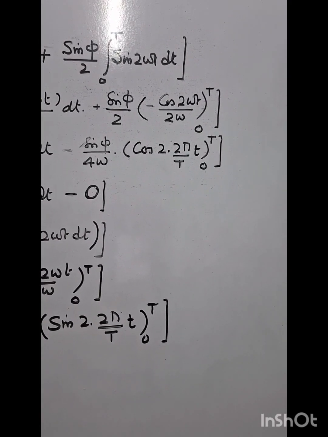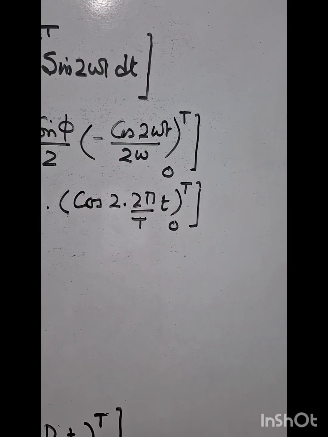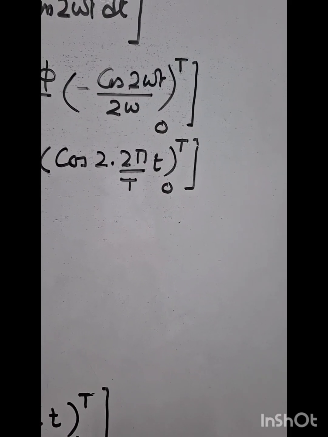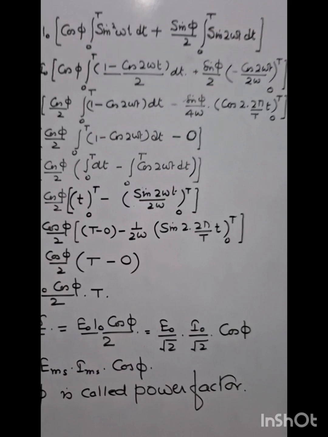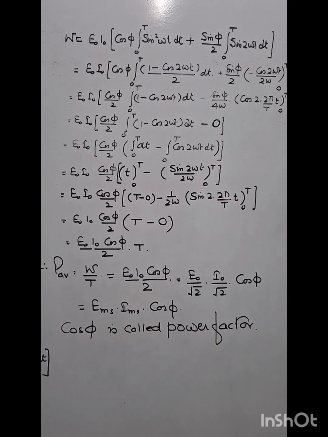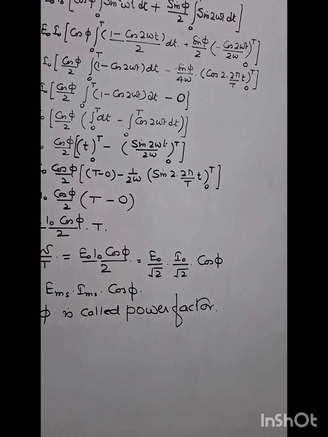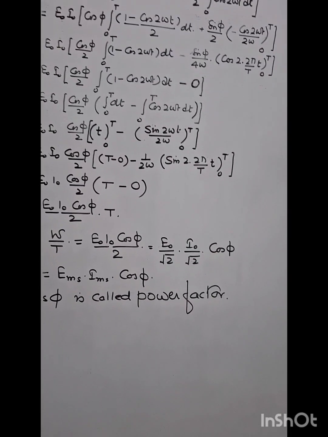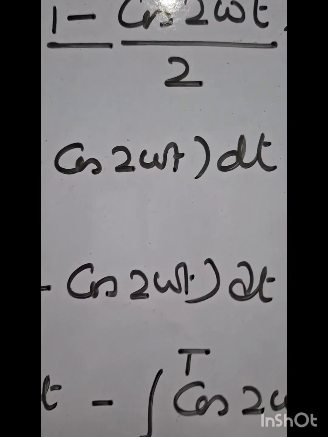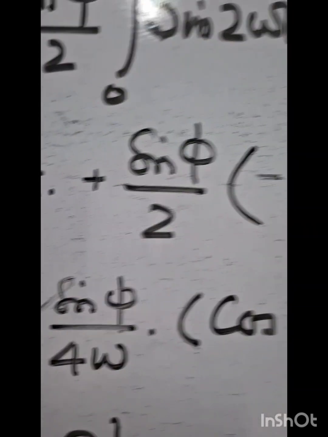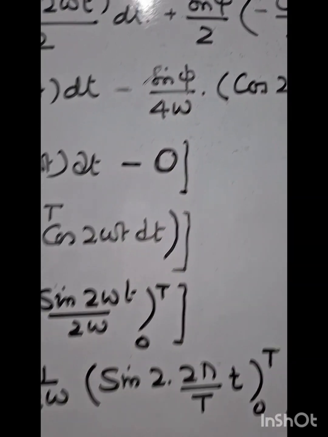We have done integration of sin 2 omega t, that is cos 2 omega t upon 2 omega from 0 to T. Simply remember that integration over one complete cycle of cos 2 omega t and sin 2 omega t always equals 0.